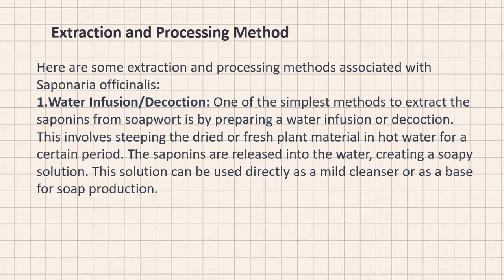One of the simplest methods to extract the saponins from soapwort is by preparing a water infusion or decoction. This involves steeping the dried or fresh plant material in hot water for a certain period. The saponins are released into the water, creating a soapy solution.